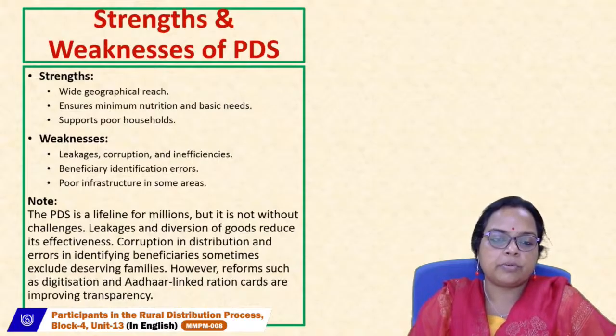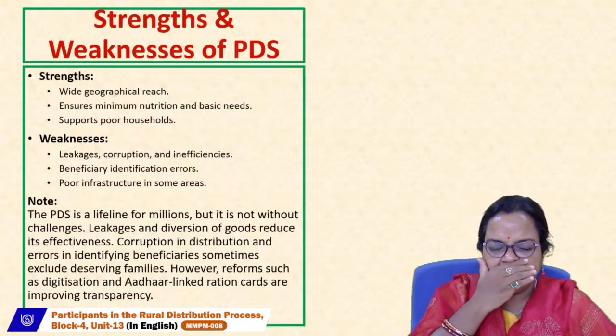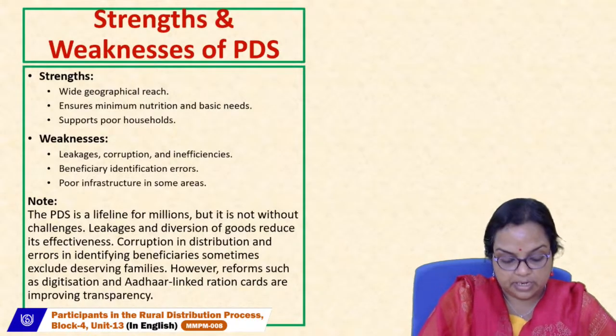But along with these strengths, it has some weaknesses or challenges also, like leakages, corruption, and inefficiencies. Leakages and diversion of goods reduce its effectiveness. Corruption in the distribution and errors in identifying the beneficiaries of the village sometimes exclude the deserving families. That is normal in our society.